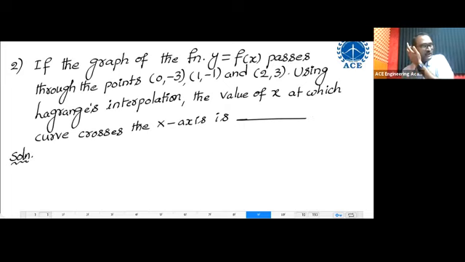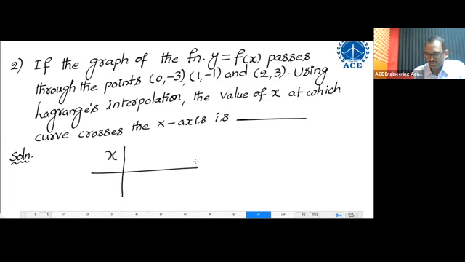See, at which point the curve crosses the x-axis. To know where the curve crosses the x-axis, simply substitute y is equal to 0 in the given function. To know where the curve crosses the y-axis, simply substitute x is equal to 0. Look there. What are the x coordinates?